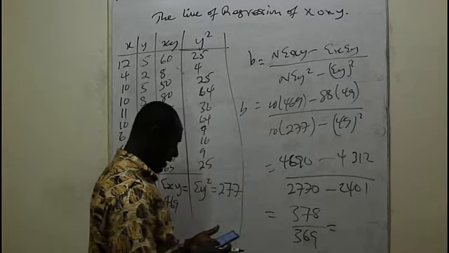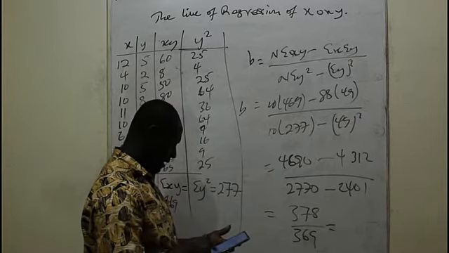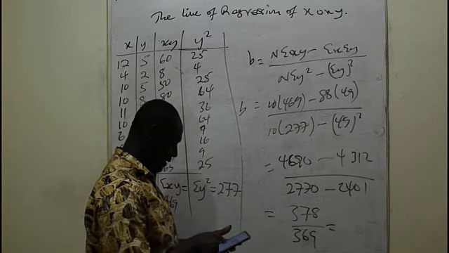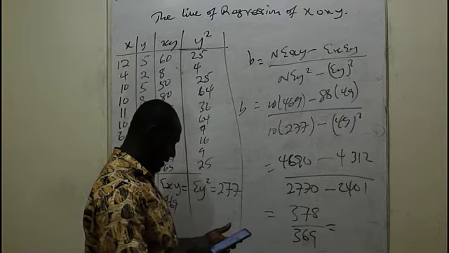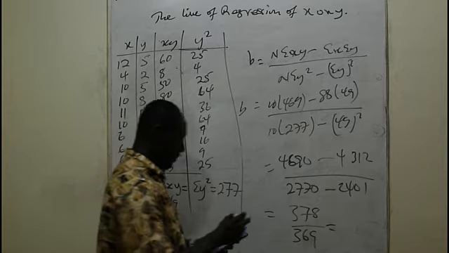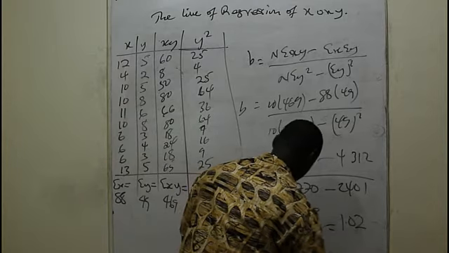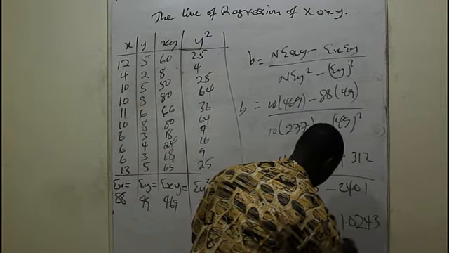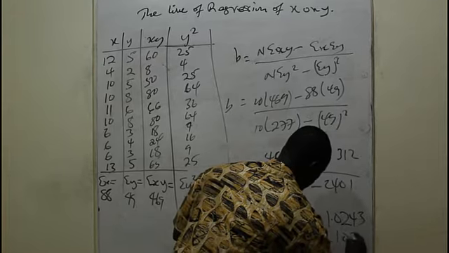And so if I divide 378 by 369, I'm going to get 1.0243, which is approximately 1.02.